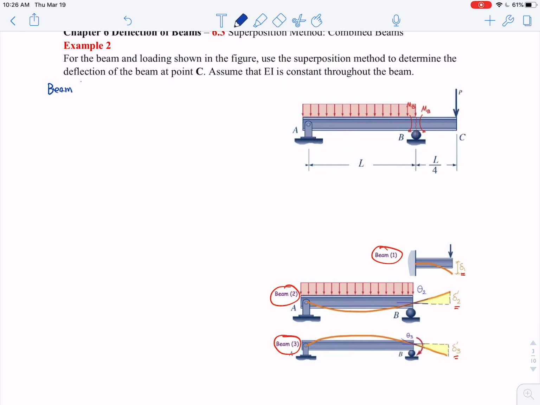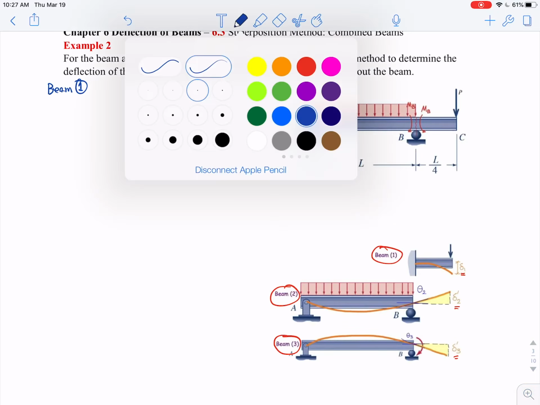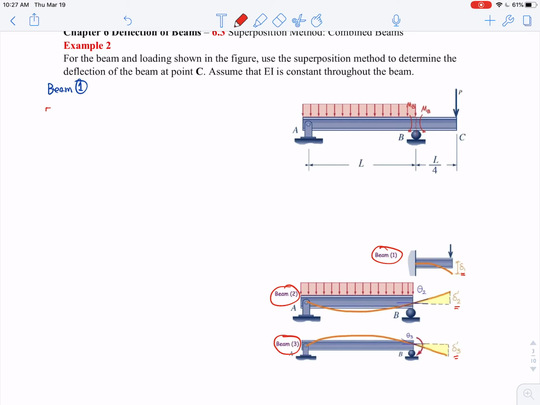So beam 1. Here again, we use equation 20 to solve this kind of problem. From equation 20, we know that delta 1 can be calculated from negative P L1 cube over 3 EI. It's negative because it will be a downward deflection.